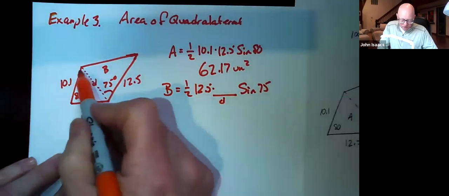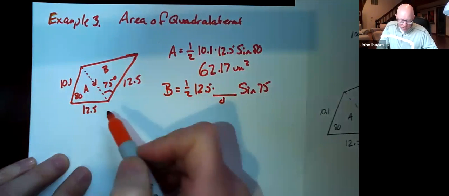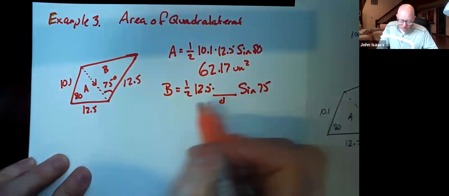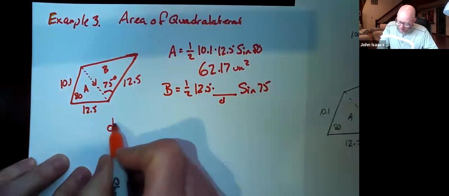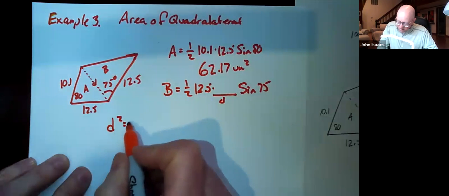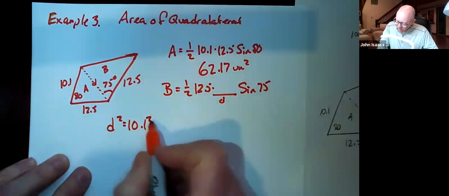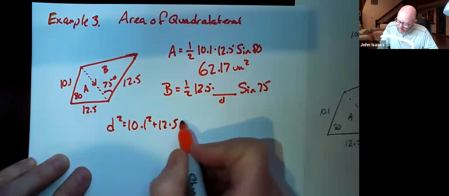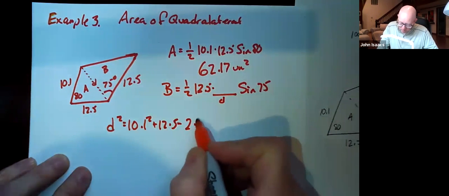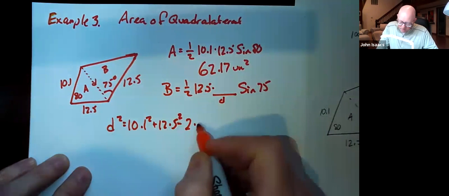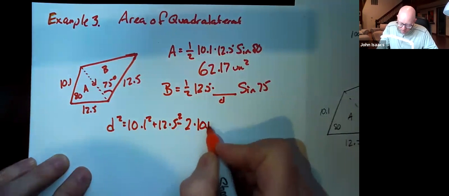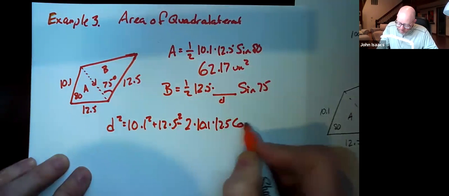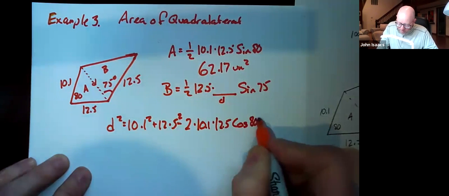We go back to triangle A, the first triangle, and we're going to use the law of cosines because we have side, angle, side. So D squared is going to equal 10.1 squared plus 12.5 squared minus 2 times 10.1 times 12.5 times cosine of 80 degrees.